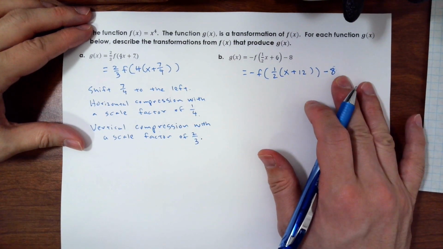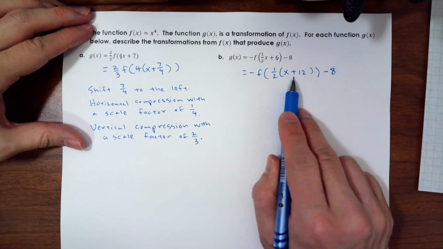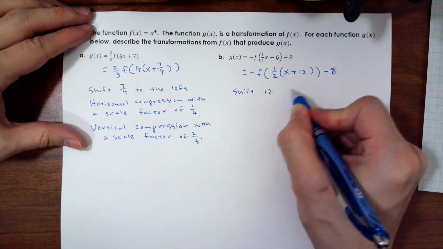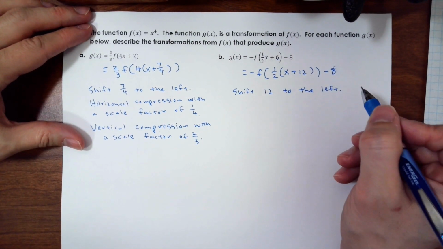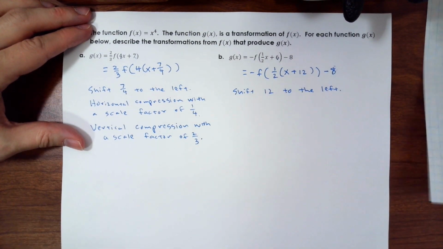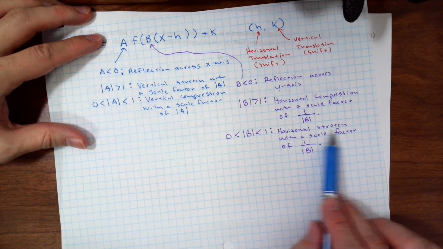Moving over to this one. Again, we have a shift to the left. So 12 to the left, shift 12 to the left. I'll also talk about translation. Now this is a 1/2. So that's a horizontal stretch.